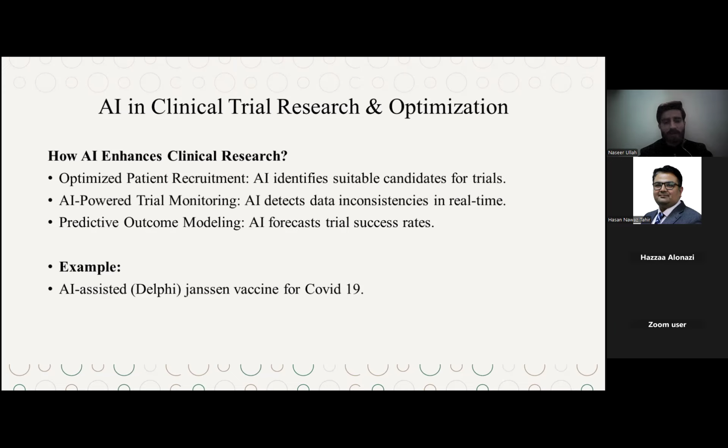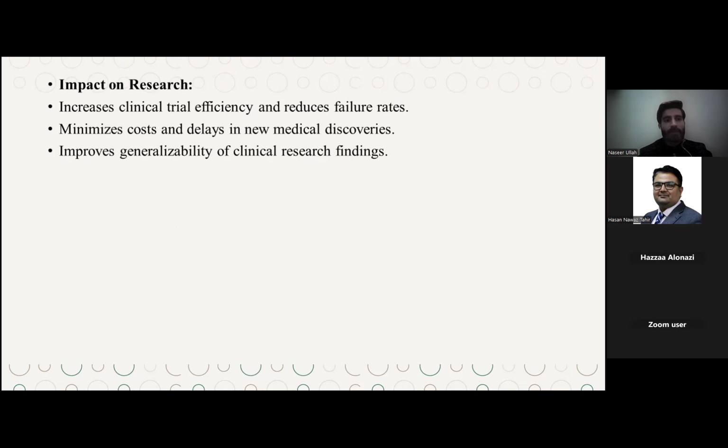This is an example where an artificial intelligence related clinical trial was done for the Janssen vaccine for COVID-19, which was developed by artificial intelligence. Impact on research: increases clinical trial efficiency and reduces failure rates, minimizes cost and delays in new medical discoveries, improves generalizability of clinical research findings.